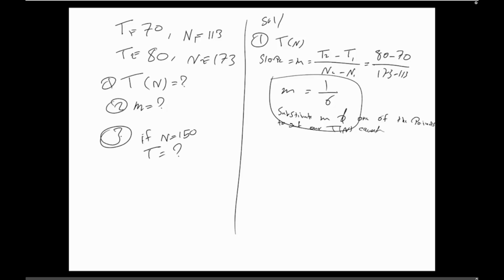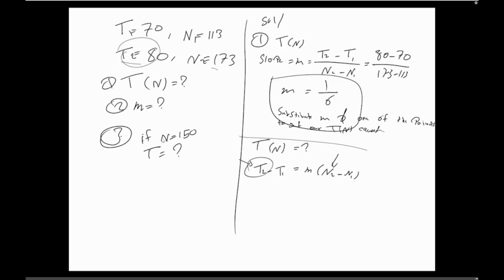So T of n is what we're looking for, and we use T2 minus T1, where T2 is what we're looking for and T1, from one of these points, equals m times n2 minus n1. So n2 and T2 are not known for now, because even though we have the T2 over here, that was a different case, because we are now using a different point.